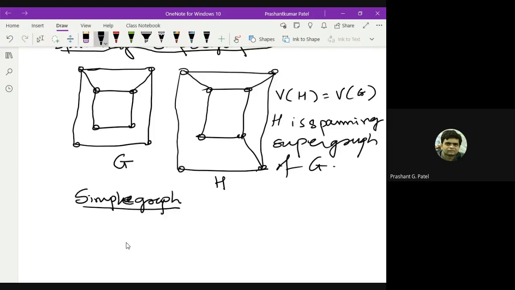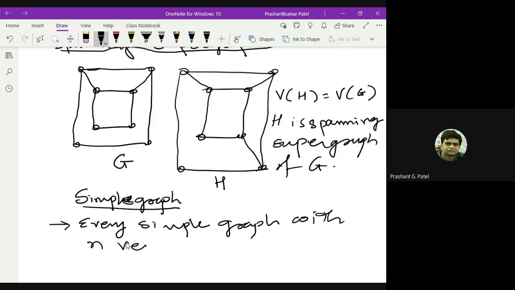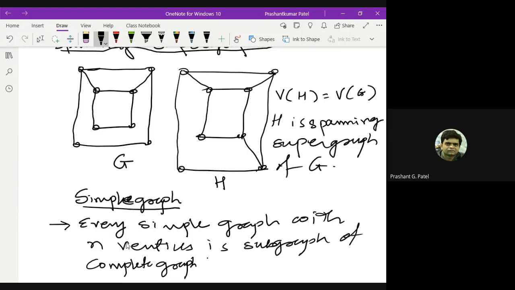So can I make a statement that every simple graph with n vertices is a subgraph of the complete graph Kn? Can I make this statement?